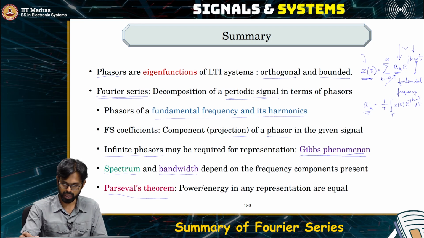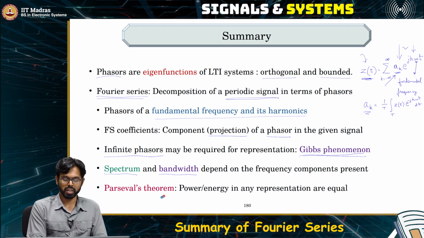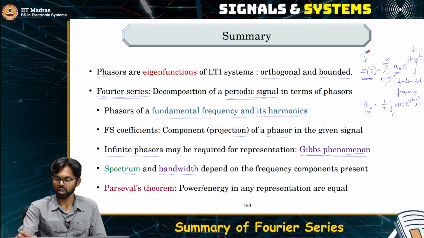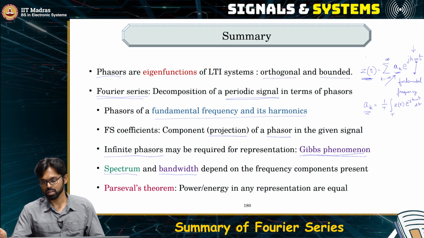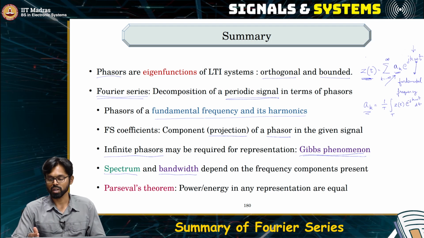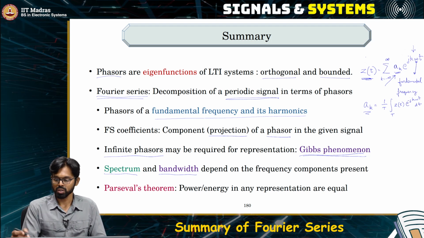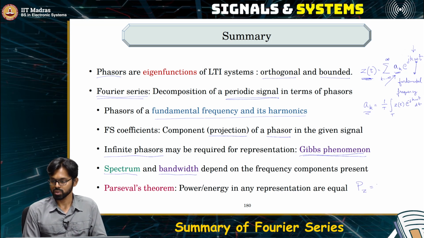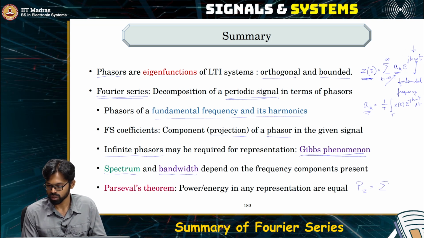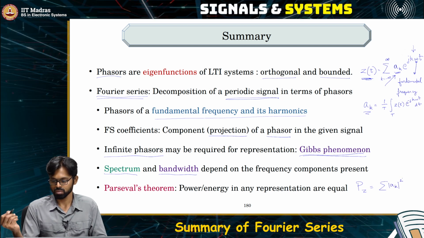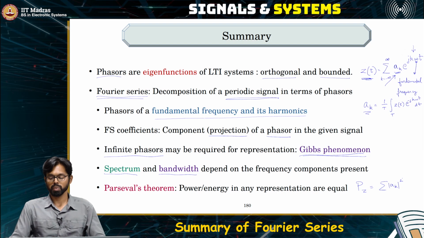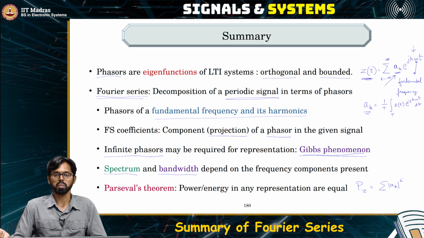The power in the time domain has to be equal to the power on this side, which is nothing but the power of several orthogonal signals. So you can just add up the power of the individual orthogonal signals. So power or energy representation in any of the domains is exactly the same. That is what Parseval's theorem is.